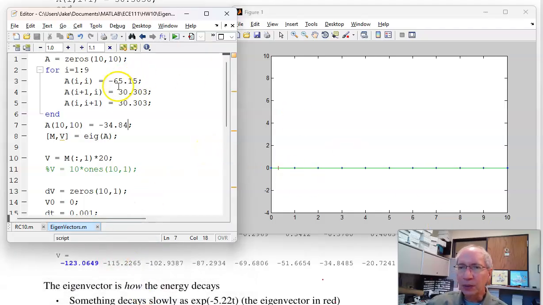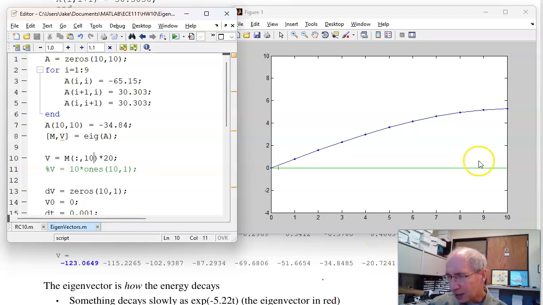Let's take the slow mode. If we make the initial condition the slow eigenvector, that's number 10, let her rip. The shape stays the same. I've only excited one eigenmode. It is decaying as e to the minus 5t. Really slow. And there's 10 eigenvalues, there's 10 eigenvectors.